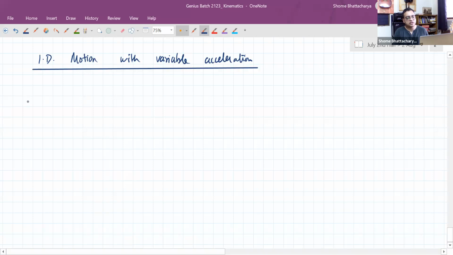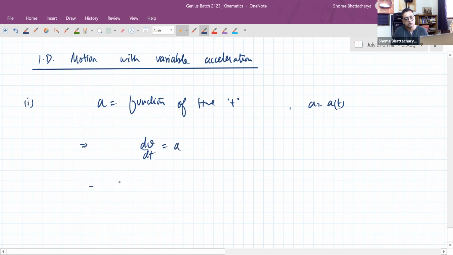So here the first case is if acceleration is a function of time. Basically acceleration is some kind of function of time. Then we will interpret acceleration as dv by dt, and we will integrate both sides.